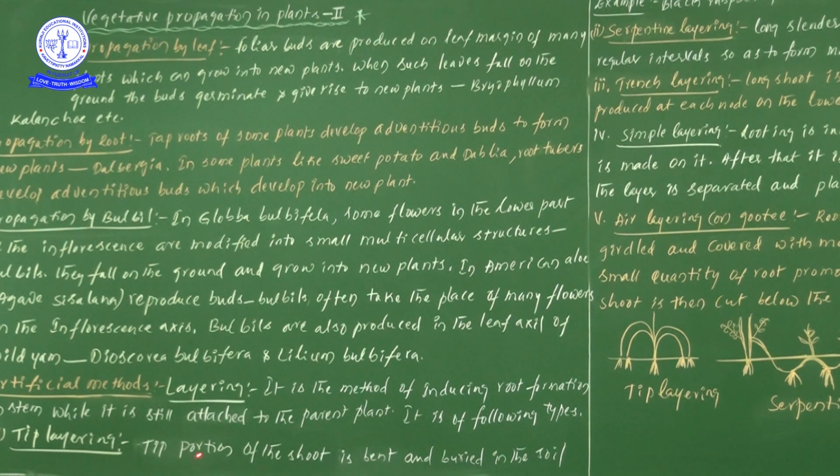That tip portion of the shoot we bend and keep in the soil, that is, buried. Suppose one plant is standing aerially, that one we now bend into the soil and keep in the soil.